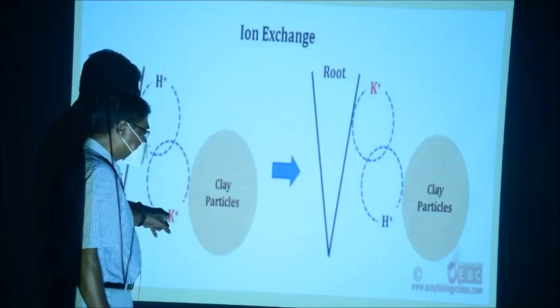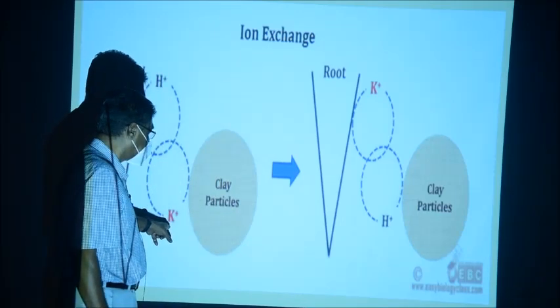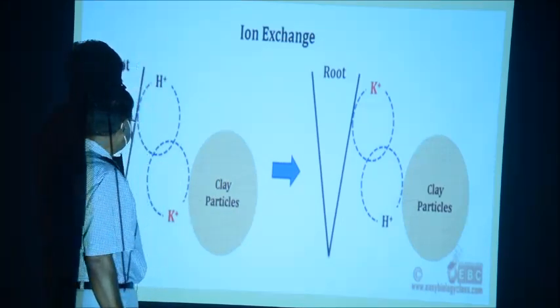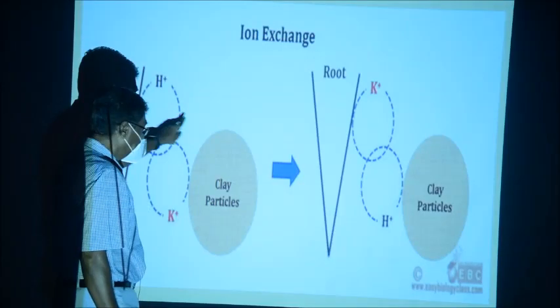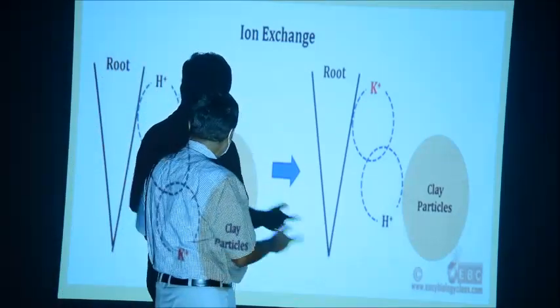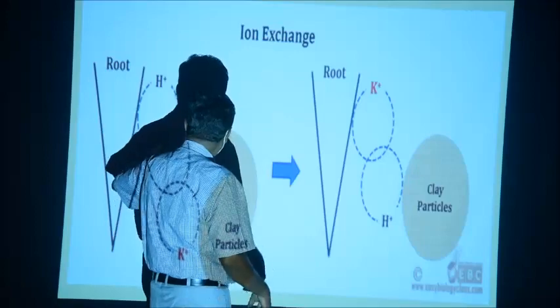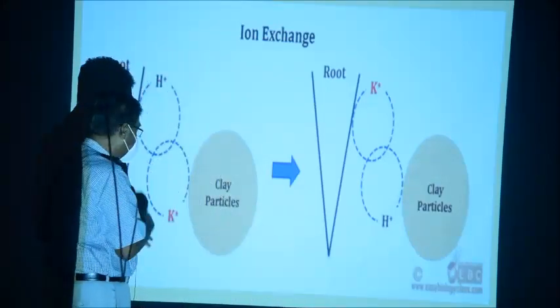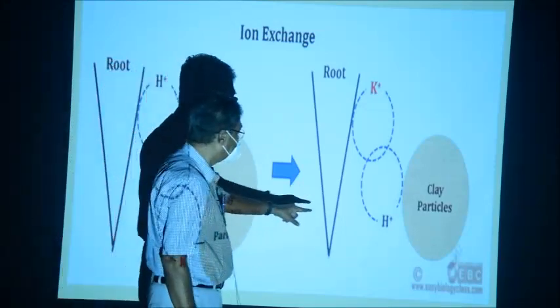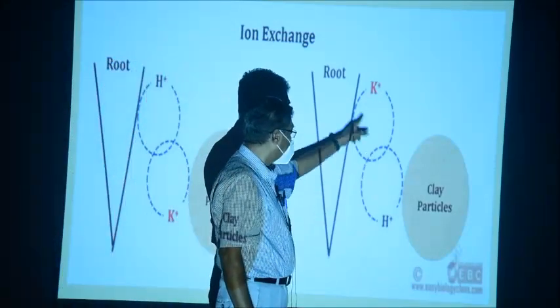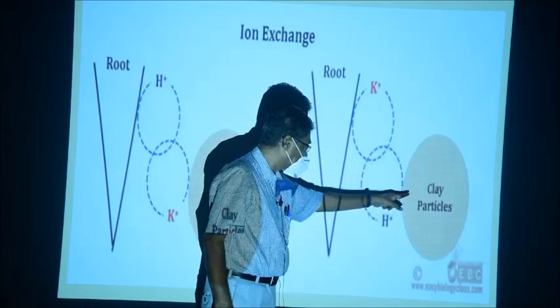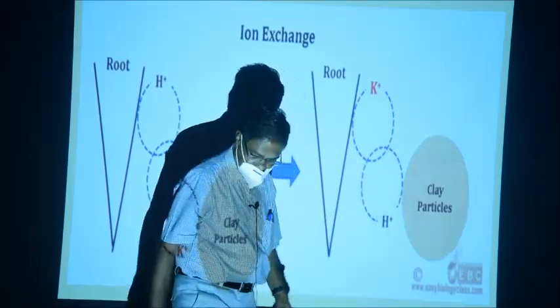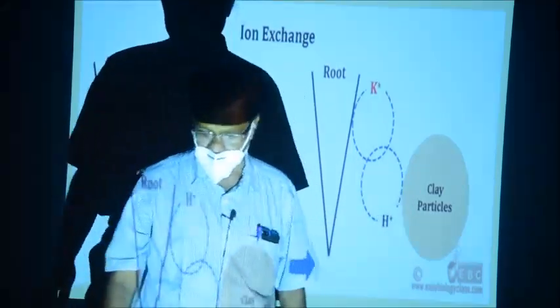Attached to the soil particle is the potassium ion and attached to the root surface is the hydrogen ion. By ion exchange, the oscillation of the hydrogen ion and potassium ion clashes, and the potassium ion comes here and the hydrogen ion goes to the clay particle. This is the ion exchange process.